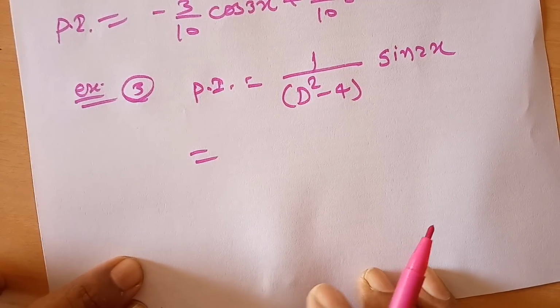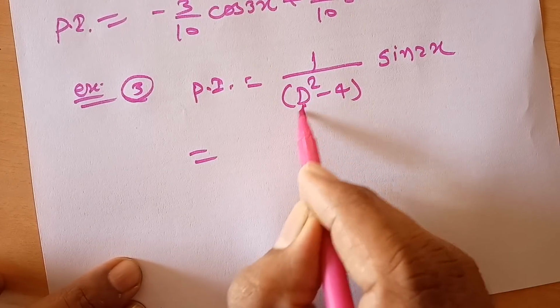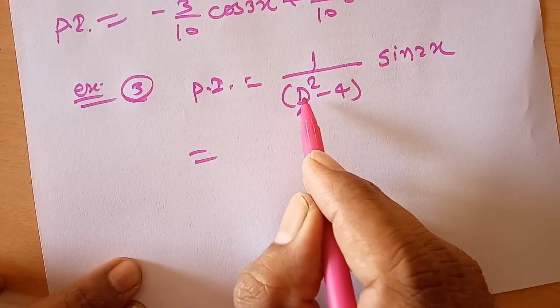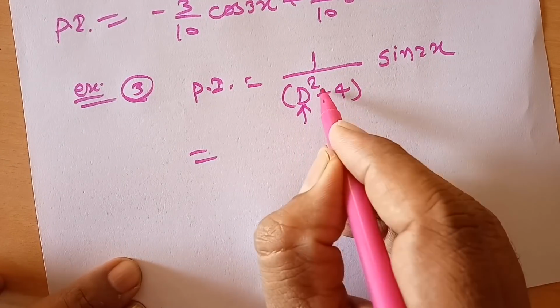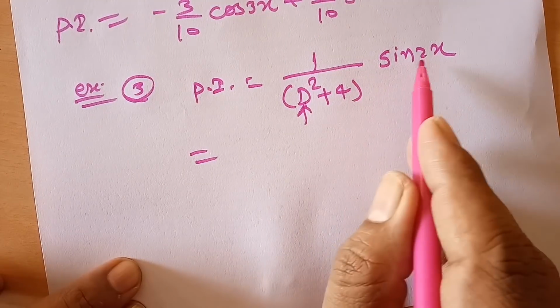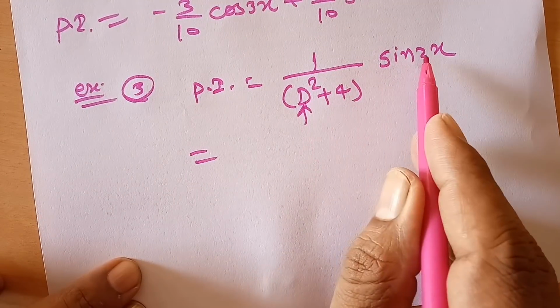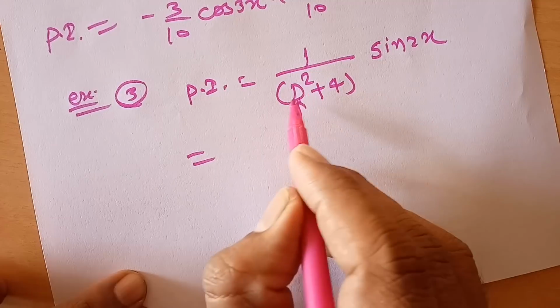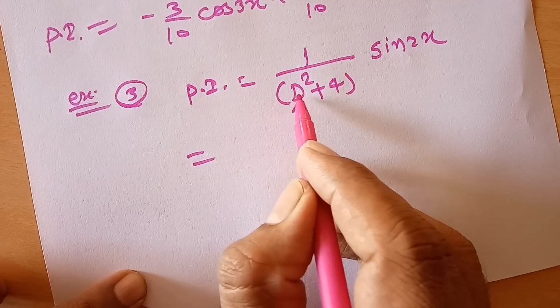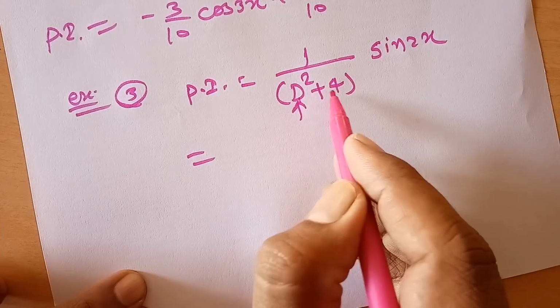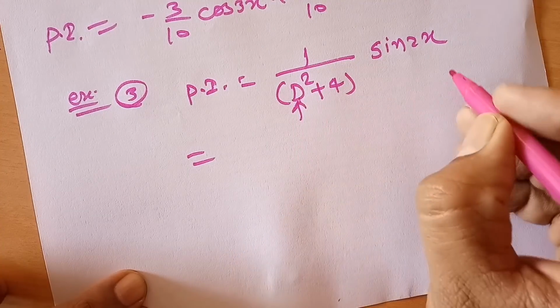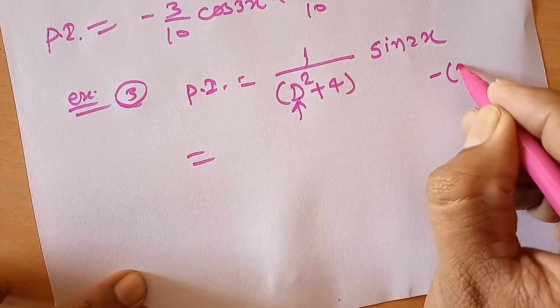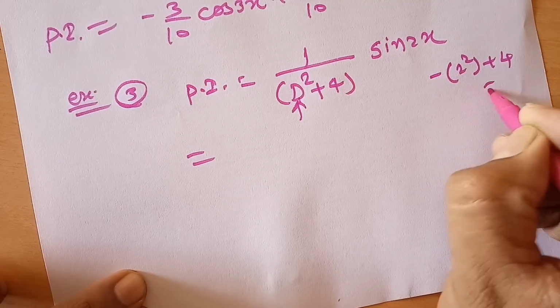To find out PI for this, we have to replace D square by minus a square. Sorry, here I will take plus. Means here if we are replacing this, I will take minus sign, and square of this a means 4. This becomes 0. Means here minus D square is minus 2 square plus 4, and we are getting this is equal to 0.